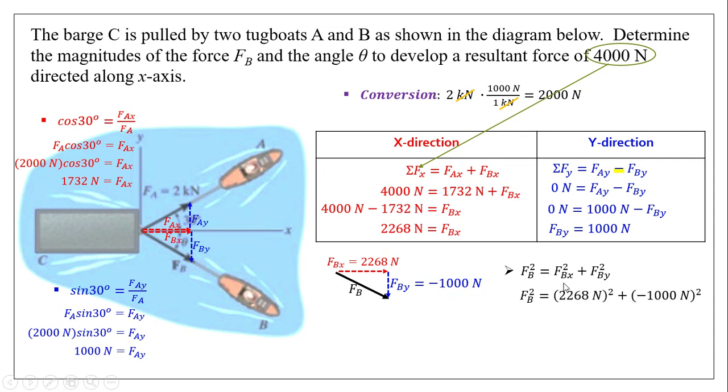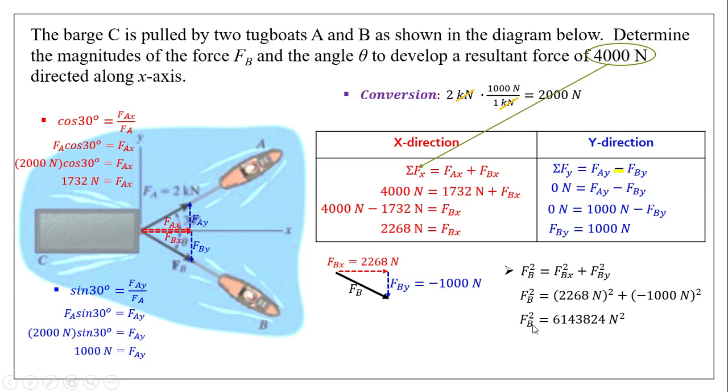Well, we know what FBX is, 2,268. We're going to square that. And then for FBY, just for formality, I put in the negative sign, but it's in parentheses. Squaring a negative number is actually going to give you a positive number. So if you do this correctly on your calculator, you should get a massive number: 6,143,824 newtons squared.